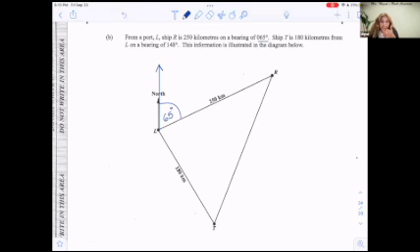Yes, miss. T is 180 kilometers, L is 148. The ship T is 180, and from L, the bearing of T is how much? From L, 148.